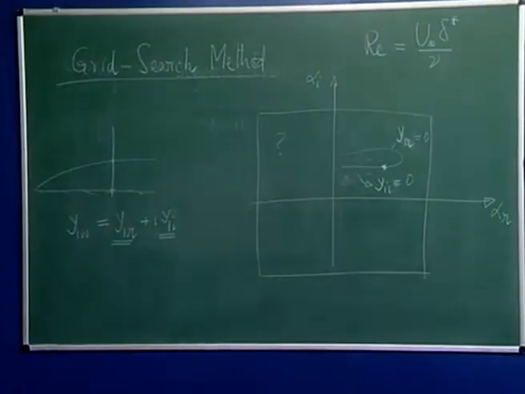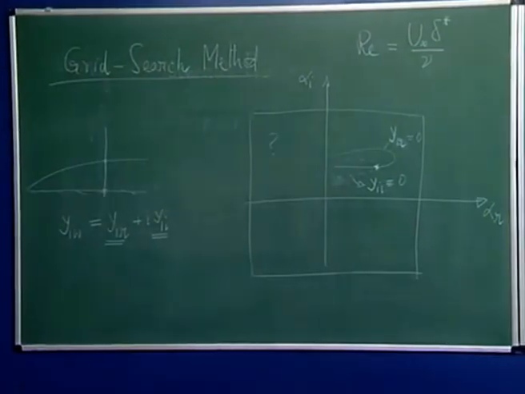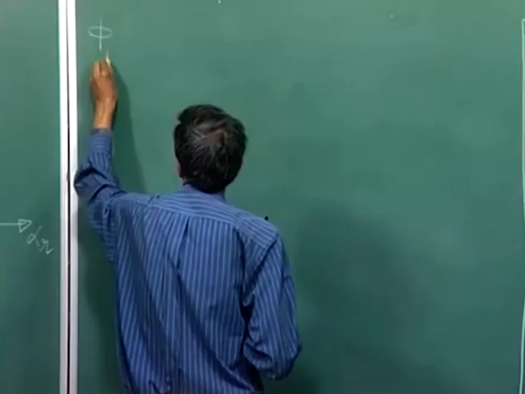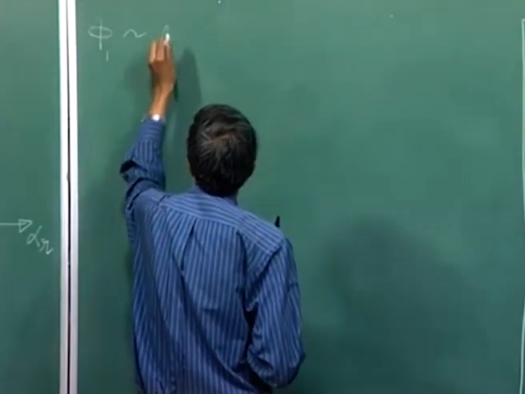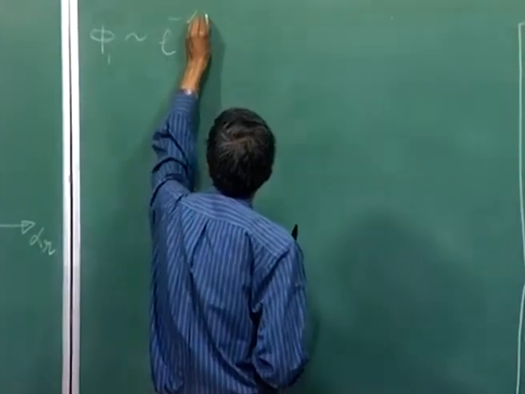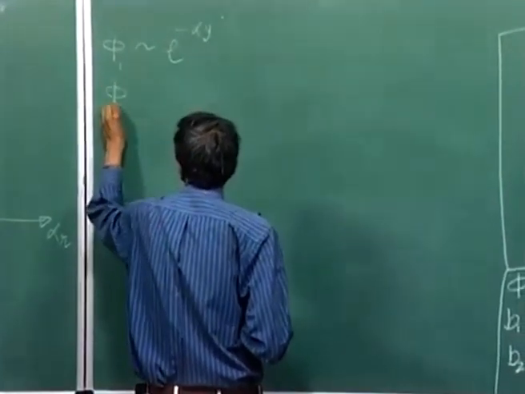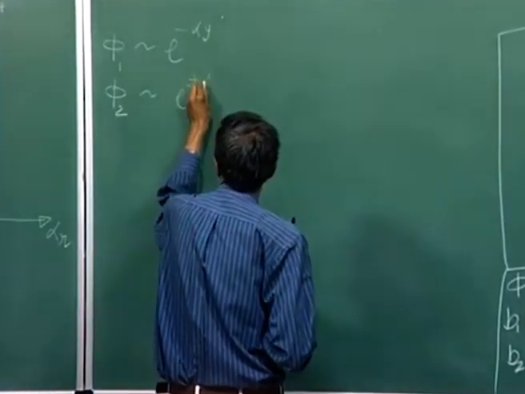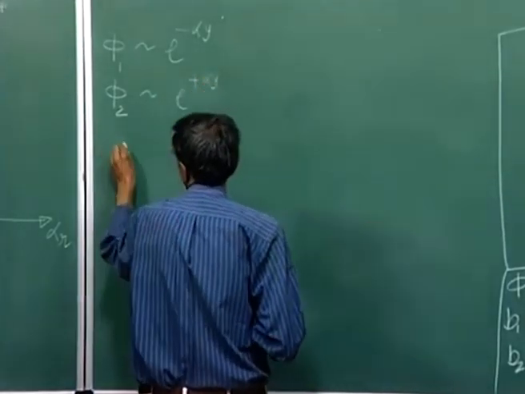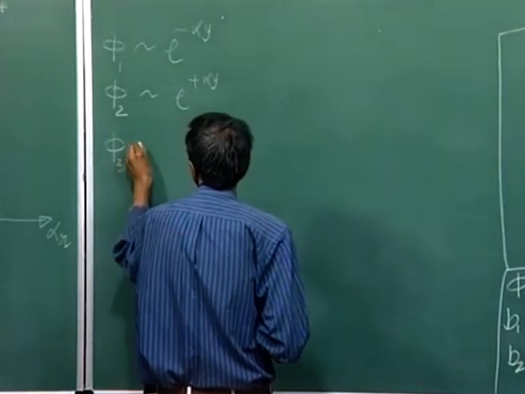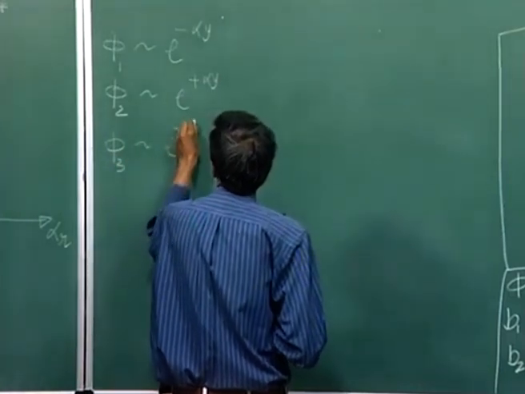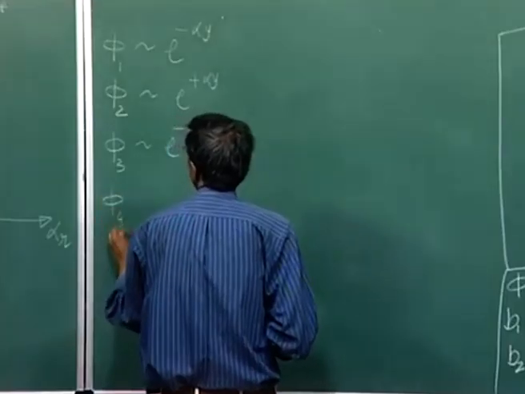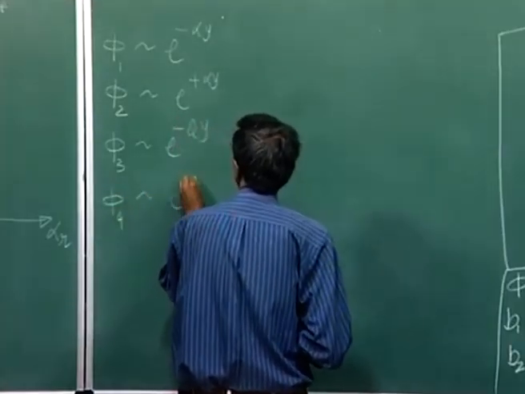Okay. So, in that context, we came into the picture, and what we said was, look, our phi 1 goes as e to the power minus alpha y, phi 2 goes as e to the power plus alpha y, phi 3 goes as e to the power minus q y, and phi 4 goes as e to the power plus q y.